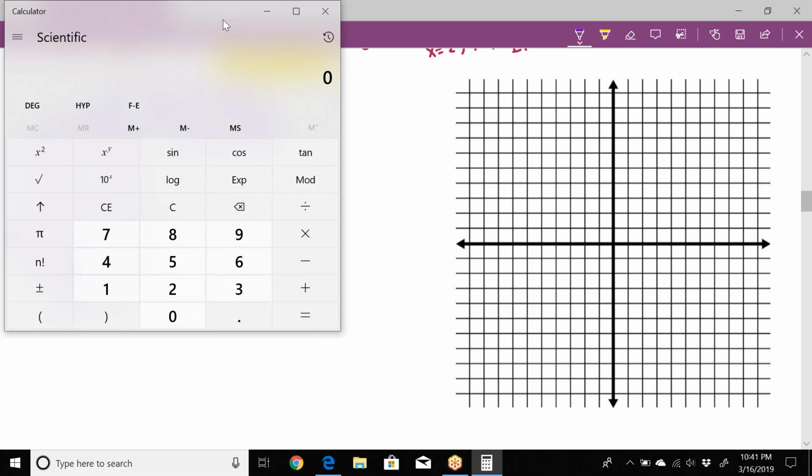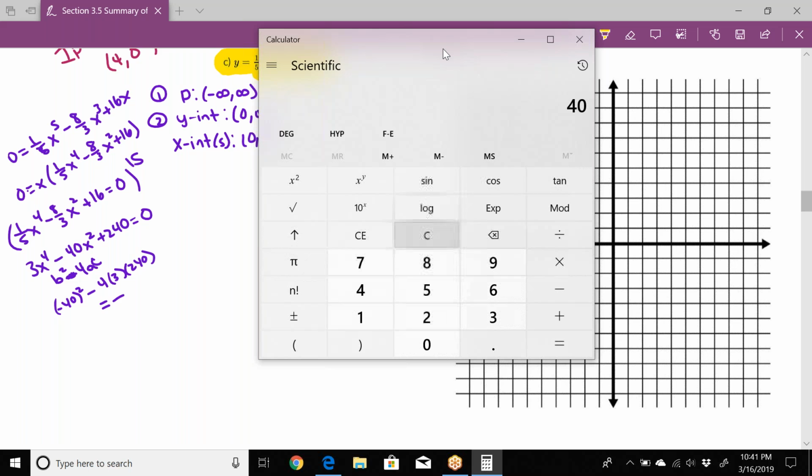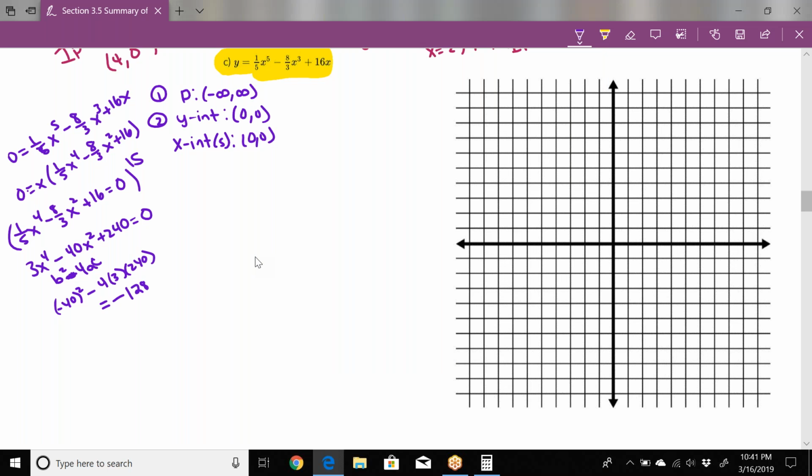In fact, we'll find the number. This is negative 40 squared, which is going to be positive, so that's 1600 minus 12 times 240. Notice this is like negative 1280, which is imaginary because this is the part underneath the square root. So that means this is the only x-intercept we're going to get from the graph.